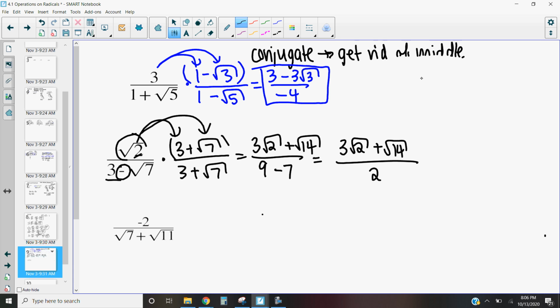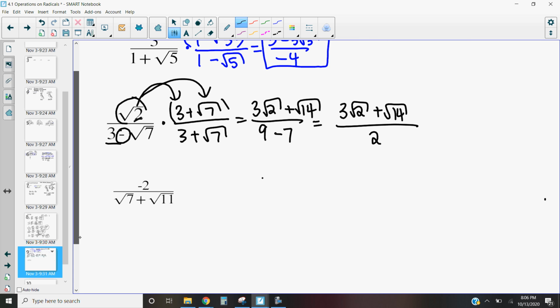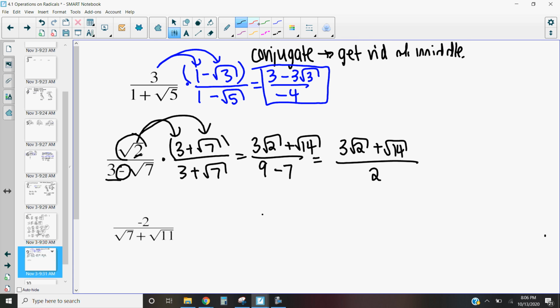Now let's try one more time to use this conjugate. Again, our conjugate, remember, is the same first number. So we're going to multiply by the same first number, root 7, the opposite sign, so a minus, and then our root 11. And then we're going to multiply by 1, so it's got to be that same thing on top.